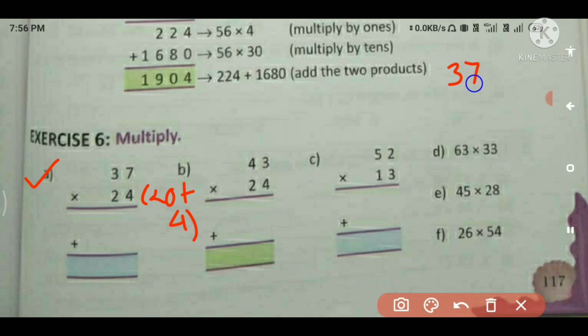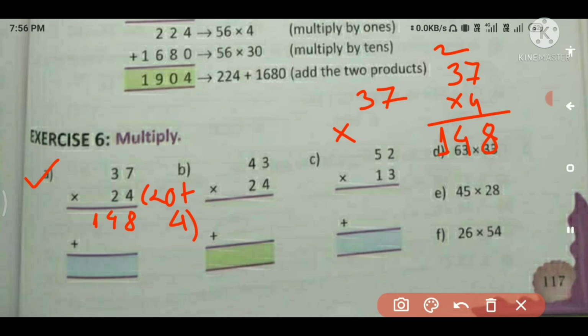So 37 multiplied by 4, it will be how much? 4 7s are 28, 8, 2 carry, 4 3s are 12 plus 2, 14. So what we got? 148, right?